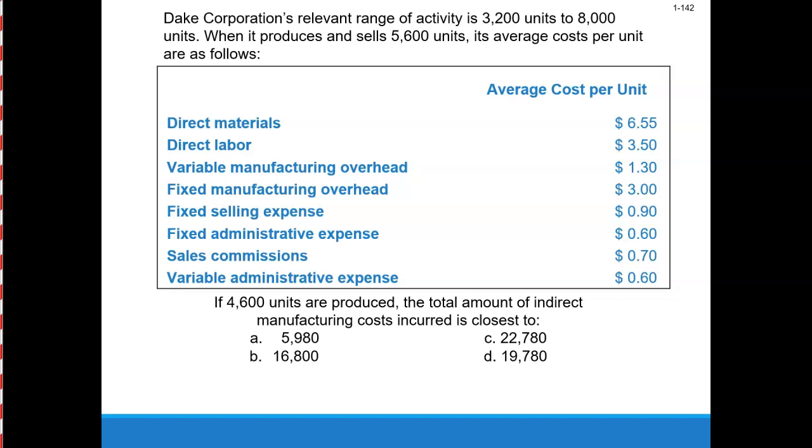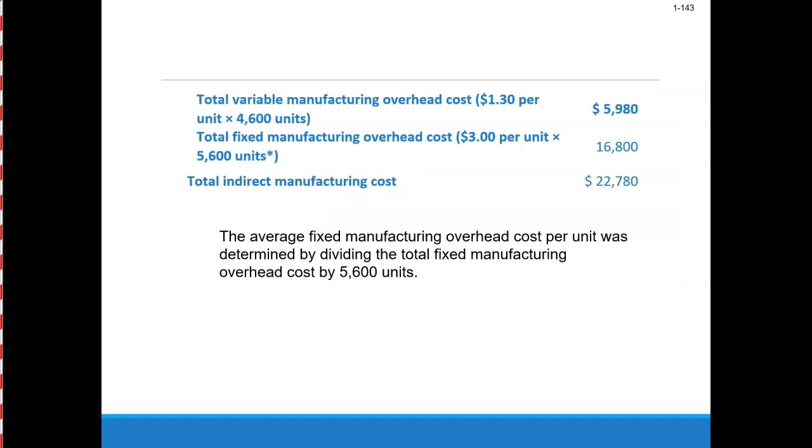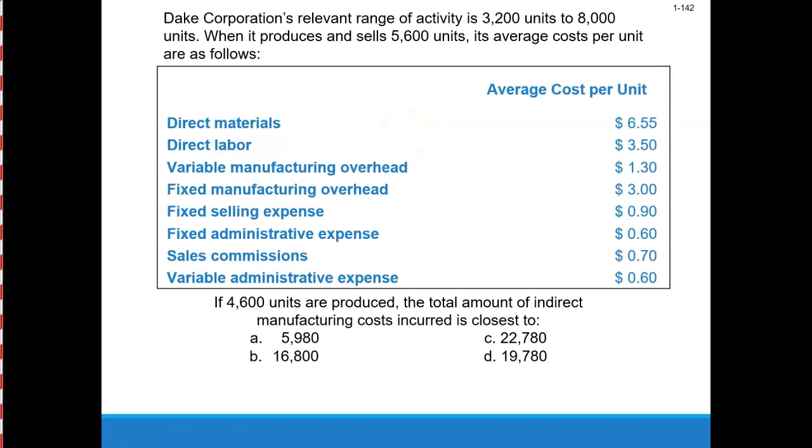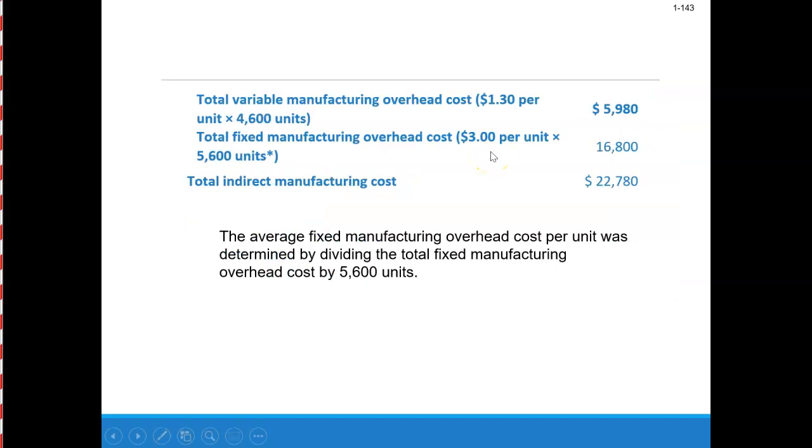Wouldn't they be the variable manufacturing overhead and the fixed manufacturing overhead? Wouldn't it? The indirect costs? So if the relevant range is at 3,200 units, do you see that the way they figured the variable or the fixed, they took the $3 per unit, and we have to take it at 5,600 units, okay?